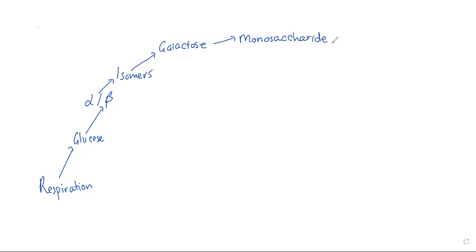And I also know that we have two monosaccharides to make up a disaccharide. These are joined together by a condensation reaction. The condensation reaction sees the release of water.